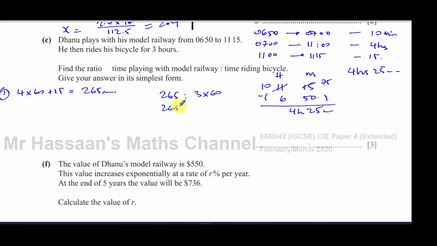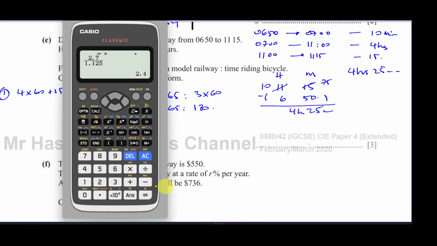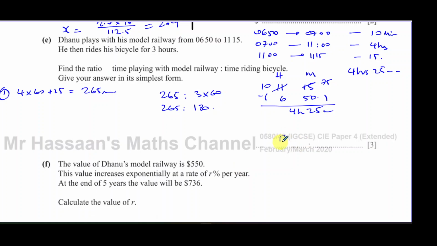So it's 265 to 180, which we can then work out. So 265 over 180 gives us 53 over 36. So the ratio is 53 to 36.